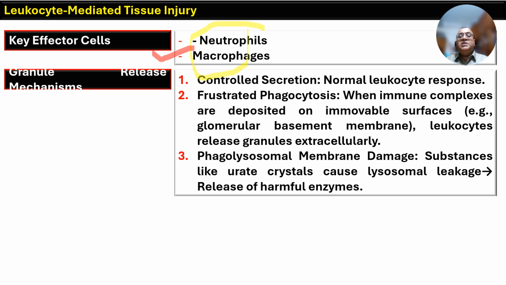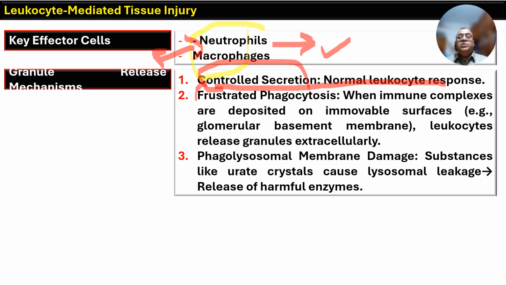These granules have specific proteinases and other enzymes and various substances that basically induce damage to the microbe, and when they do not discriminate between the microbe and the normal host tissue, if they are not controlled, they are going to induce damage. So there should be a controlled mechanism of granule secretion.